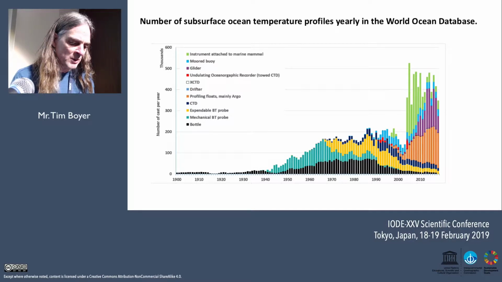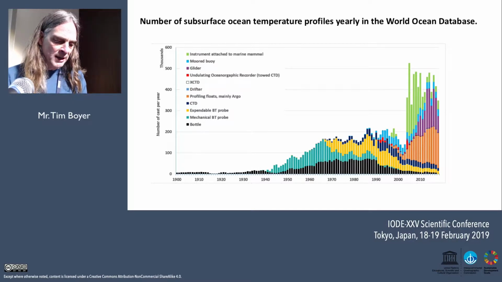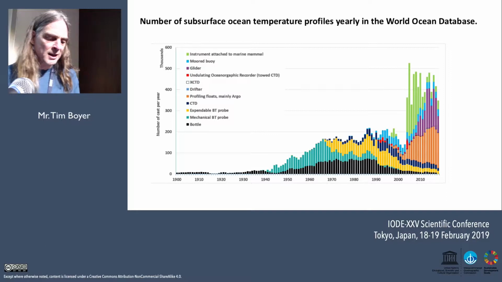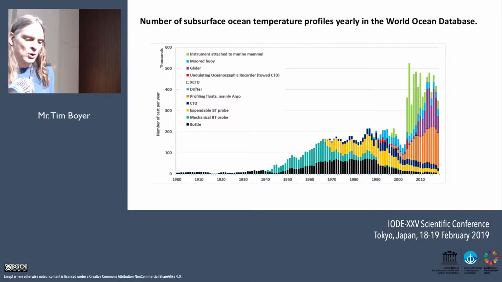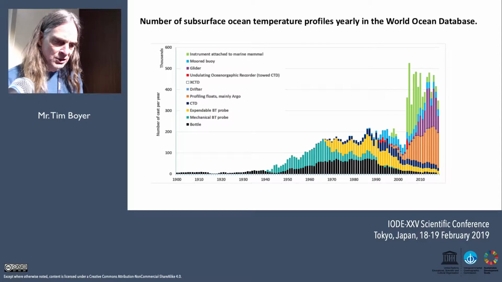Black is the bottle data, and I'll speak about the other instruments on the next slide, but this just shows that before about 1950, there were very few data, mostly bottle data, and since then the observing system has grown, and hence the number of observations. And gathering them together is important to be able to look at ocean heat content or other subsurface oceanographic changes.